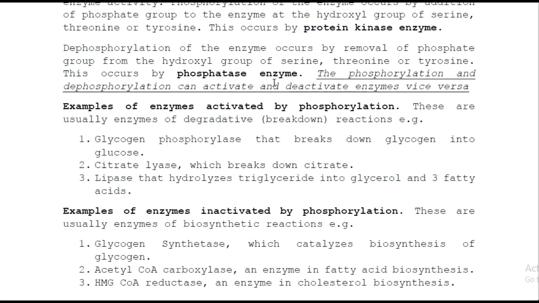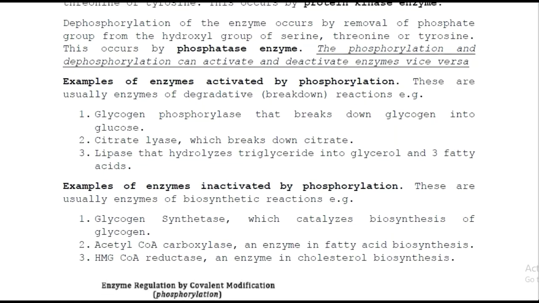When you look at the examples, I've given you sufficient examples which you can go through. You'll be able to understand the importance of phosphorylation and dephosphorylation. Phosphorylation is usually catalyzed by protein kinase enzymes, while dephosphorylation is usually catalyzed by phosphatase enzymes.